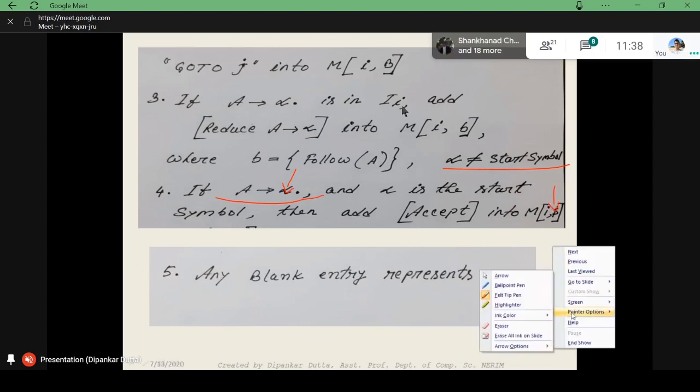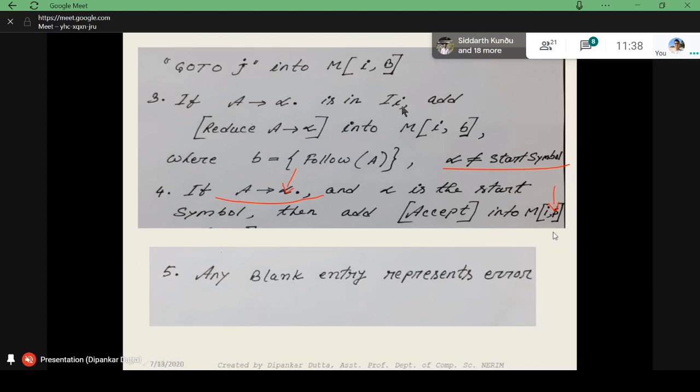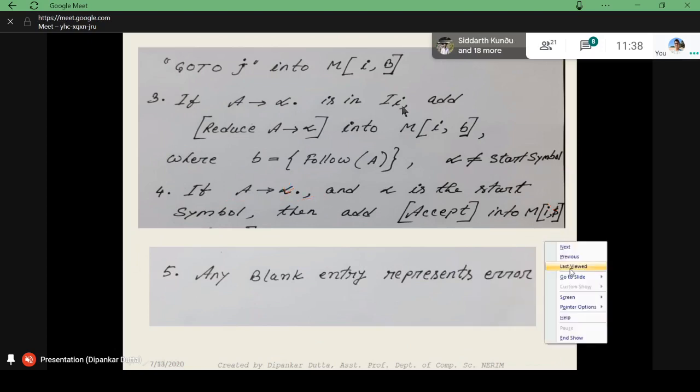By default the input symbol will be the dollar. This has to be remembered: M of I dollar.